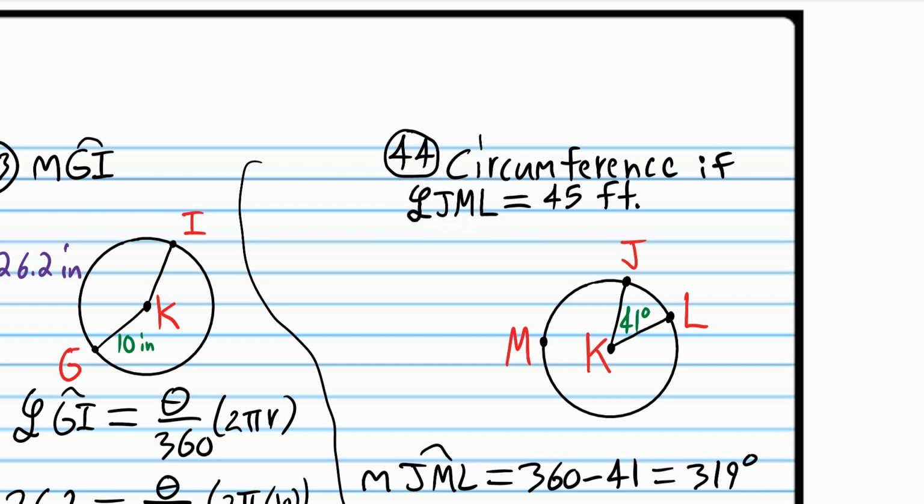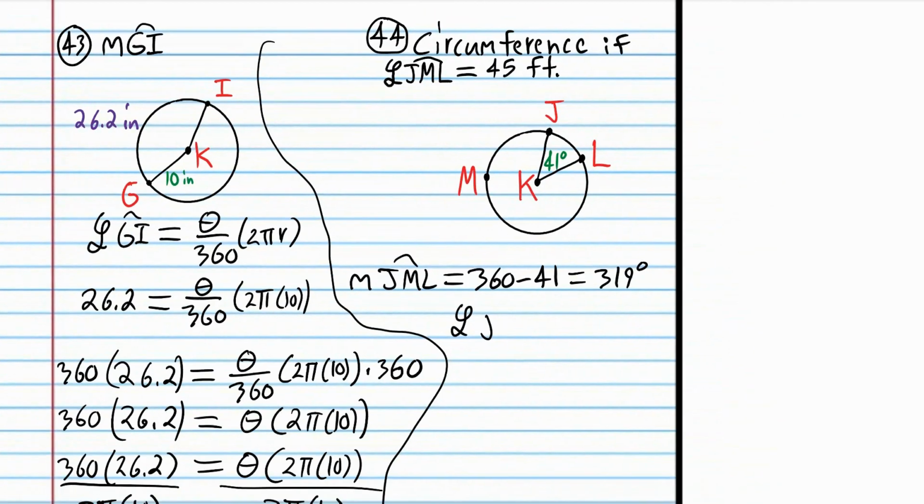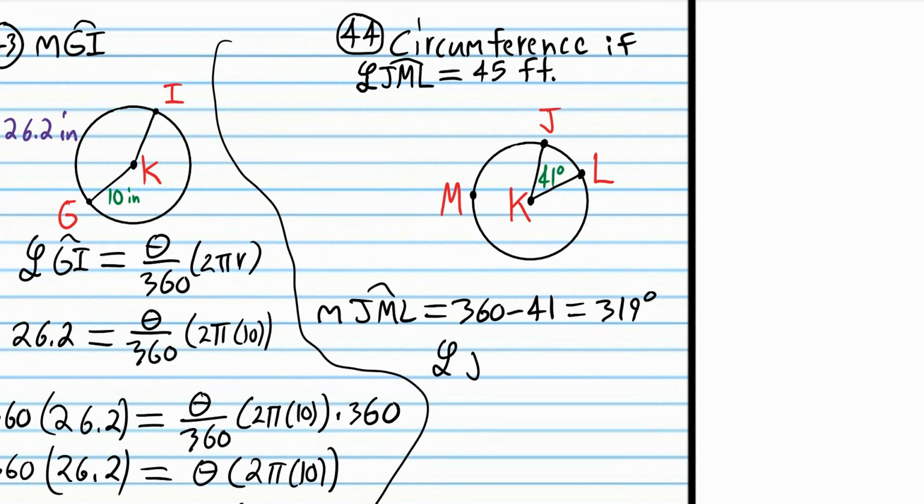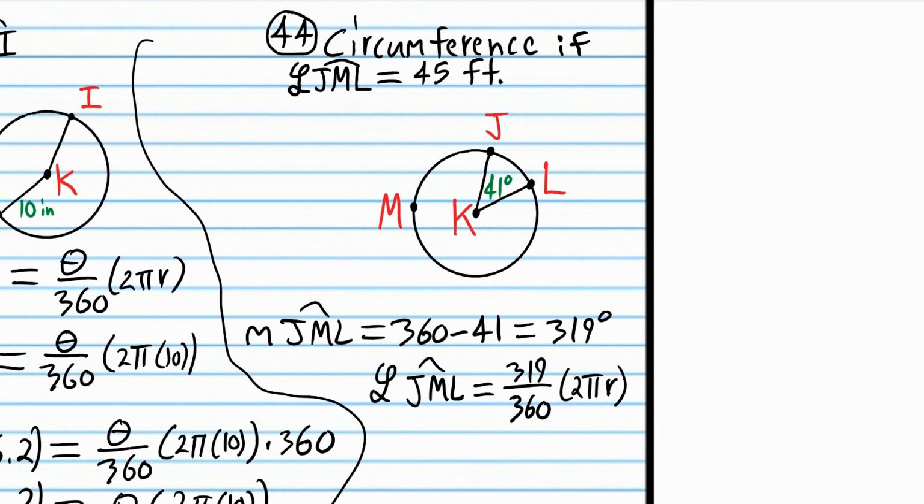Should be an arc on top of that thing. The length of arc JML is equal to 319 over 360 times 2 pi r. And we don't know the radius. Because we don't know the radius, we can't find the circumference.